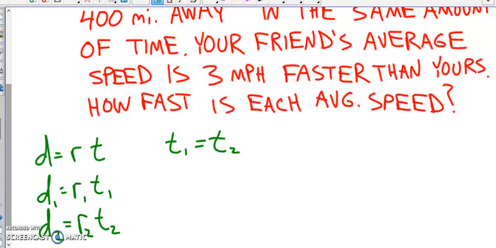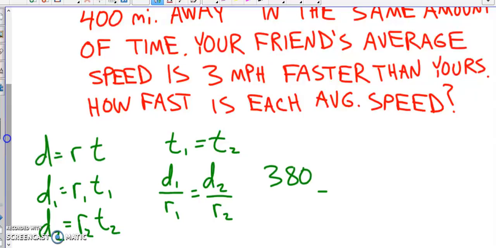Notice that I can solve for T, so that would mean that distance 1 divided by rate 1 equals distance 2 divided by rate 2. Now here's the key. I know the two distances: 380 miles and 400 miles.